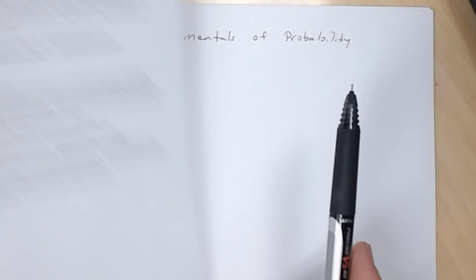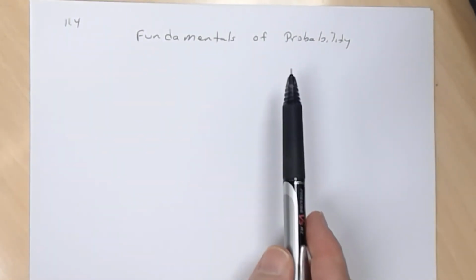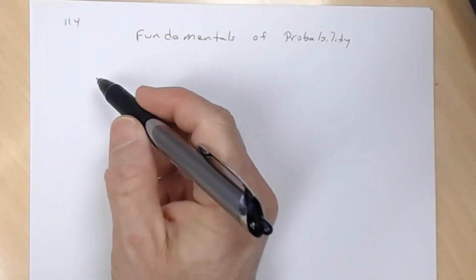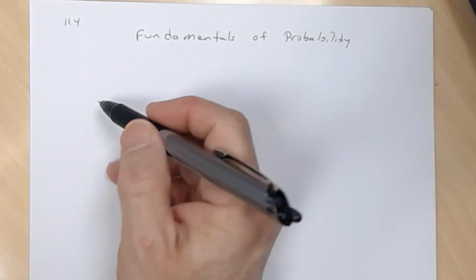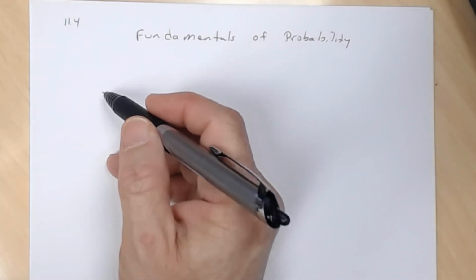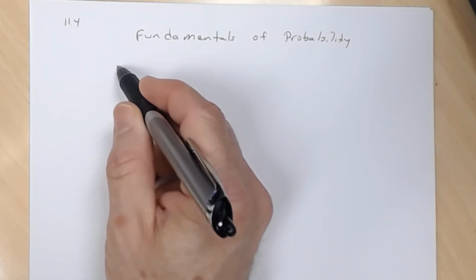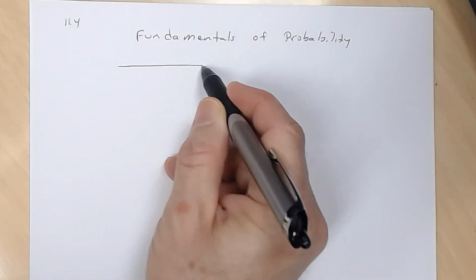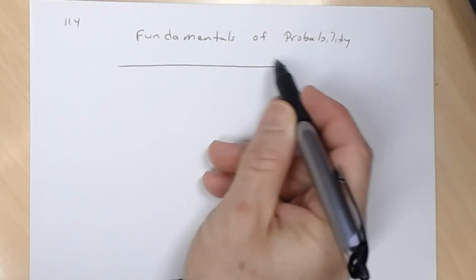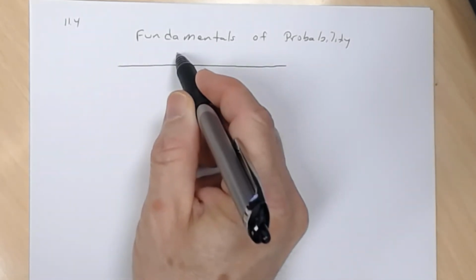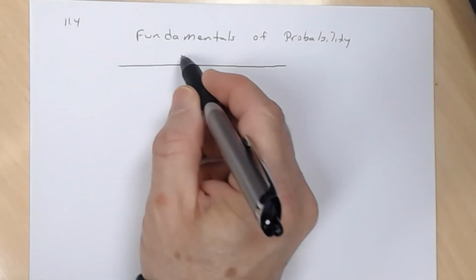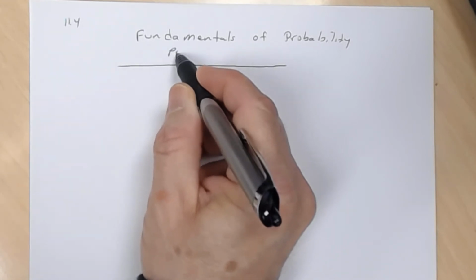All right, so basically, you talk about probability all the time: what are the odds, what's the probability, and so on. In general, I'm going to do this horizontally right here. Let's say that this is our possible values of probability.